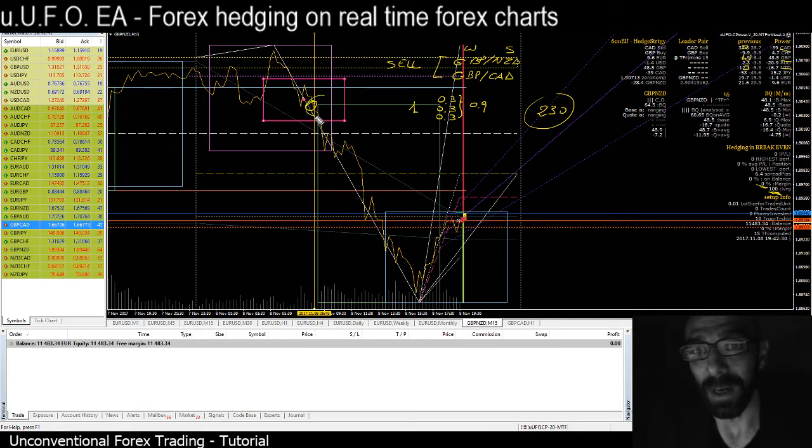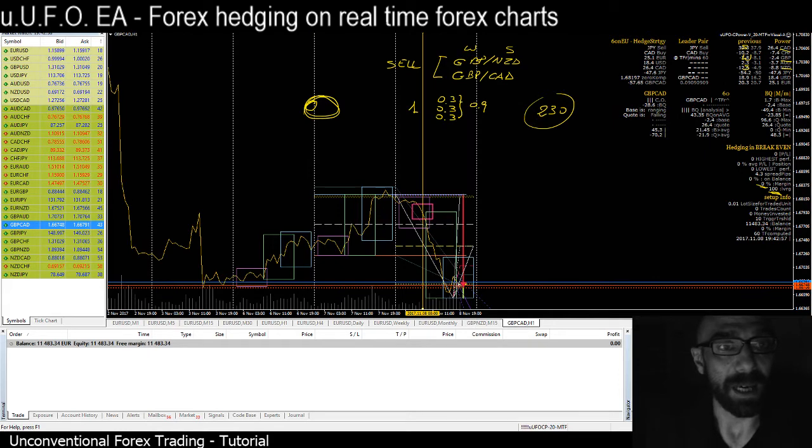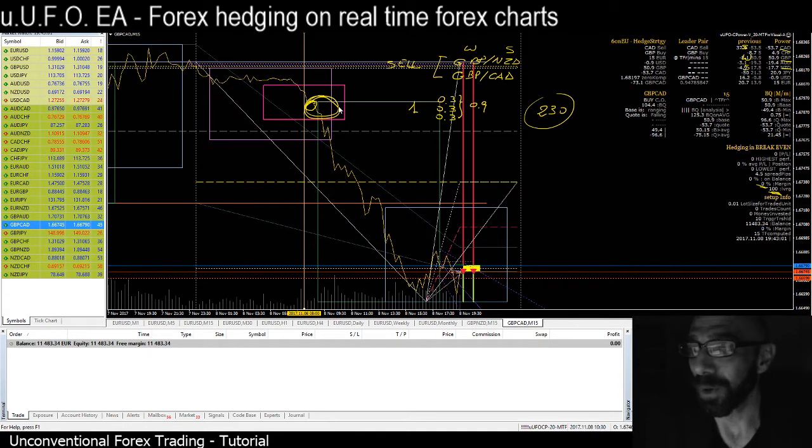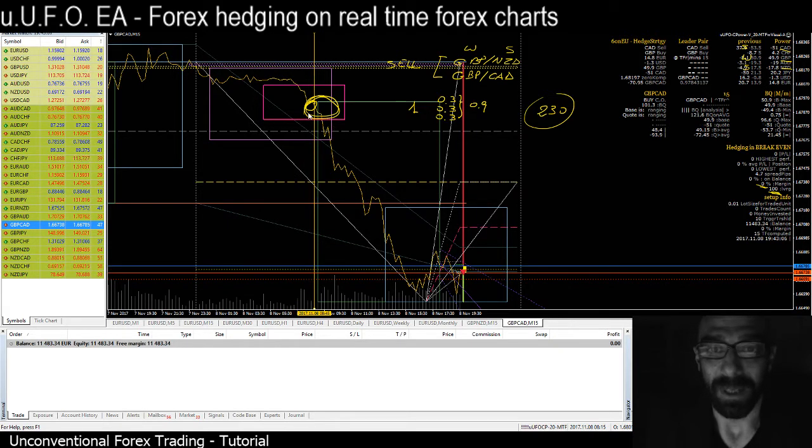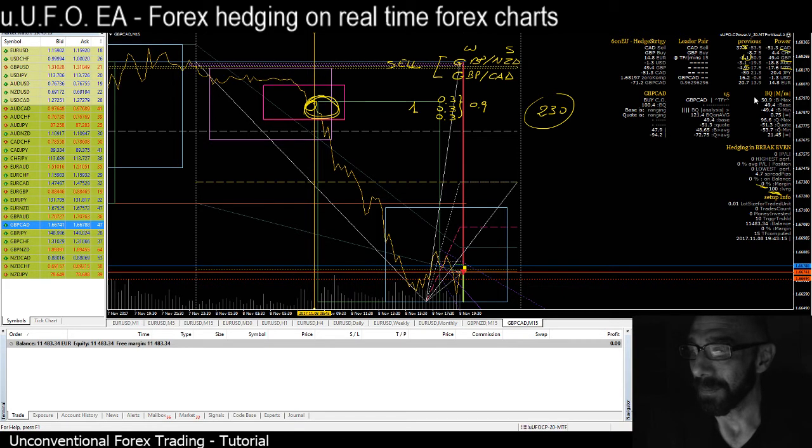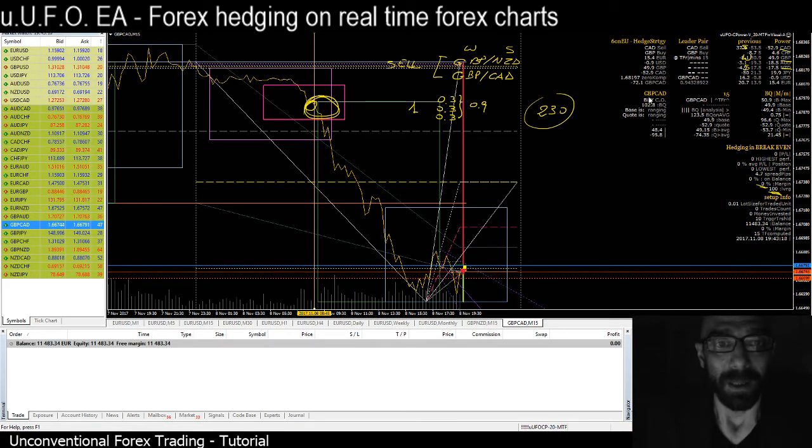So in the overlapping between the ending of the Asian session and the beginning of the London session, and the other trade was about GBP CAD, that was almost at the same point, and you can see clearly that in both cases we got a fall, so like predicted by my algorithm, with the strength of New Zealand dollar and CAD.